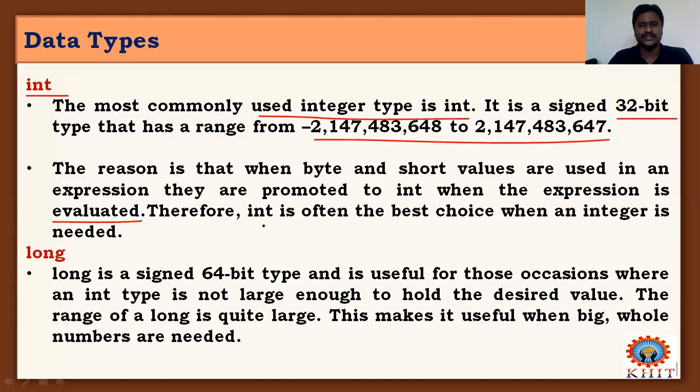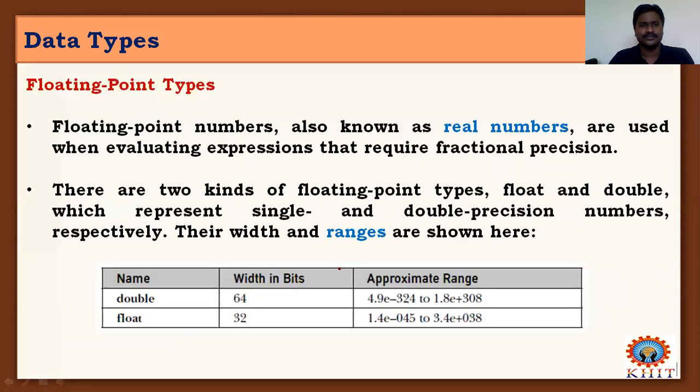When we assign values of byte and short, we generally perform some operations using expressions, and the value automatically crosses the range of byte and short. Then the compiler automatically converts those into integer. And coming to long, it is a 64-bit type, which is 8 bytes, so 8-byte long values can be stored in this long integer data type.